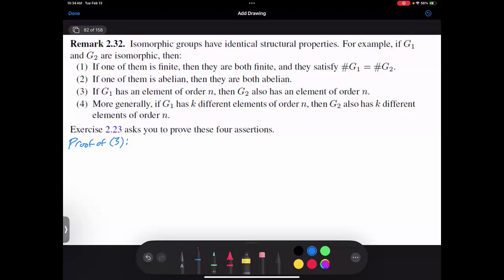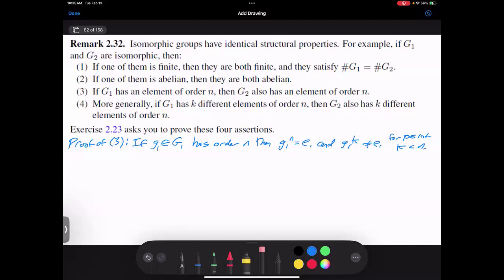If g1 in G1 has order n, then g1 to the n is e1, and g1 to the k does not equal e1 for a positive integer k less than n.